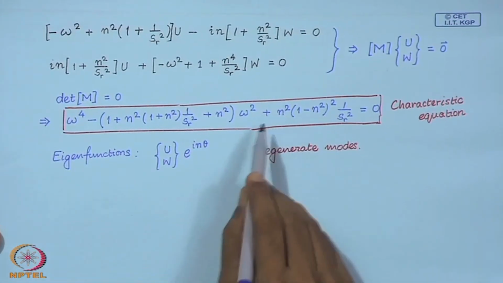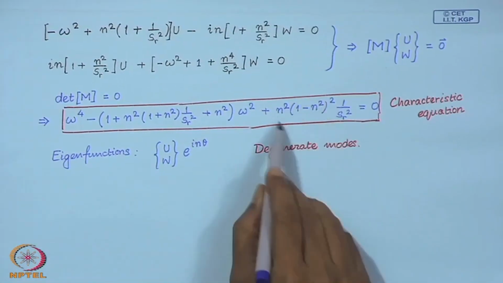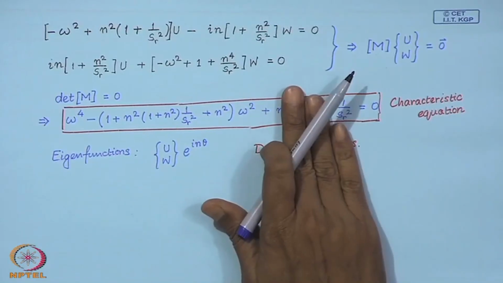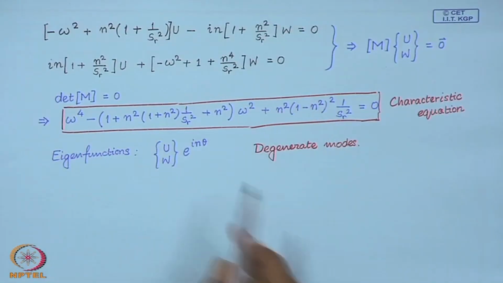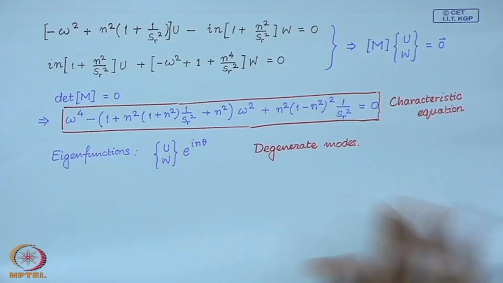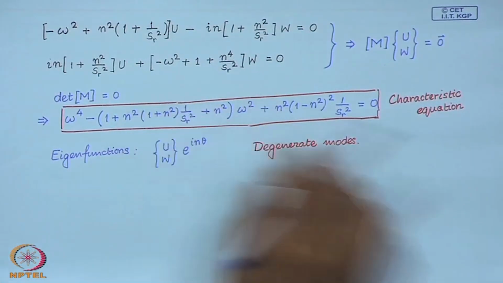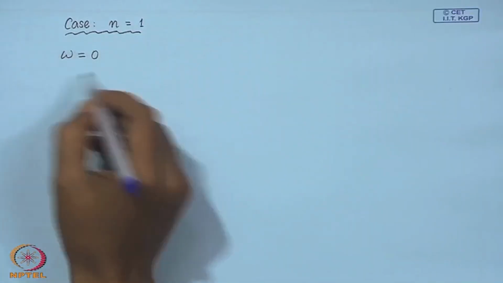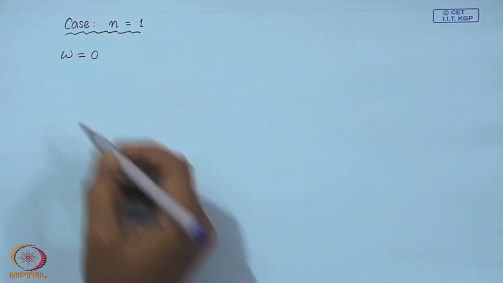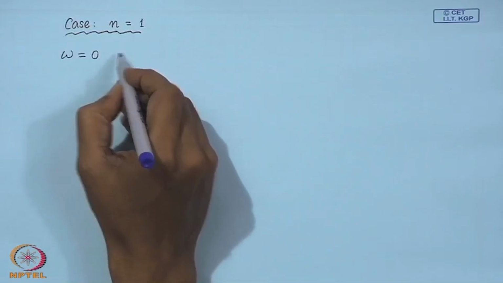So, if n is equal to 1, this term drops out in the characteristic equation. So, once again omega equal to 0 is a solution, and then there is another solution which can be determined from here. So, the first solution is omega equal to 0. Again we suspect that this is a rigid body mode, which it is.